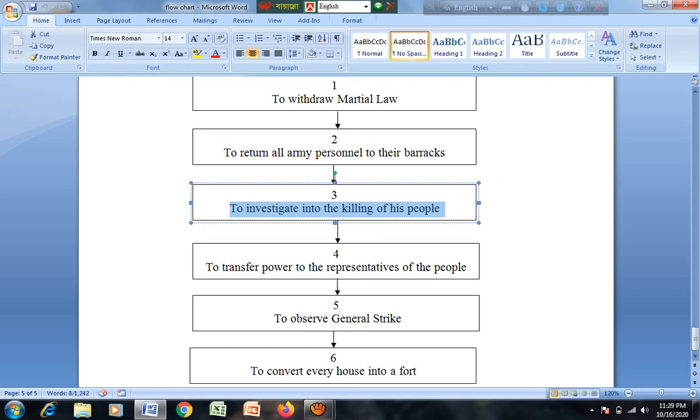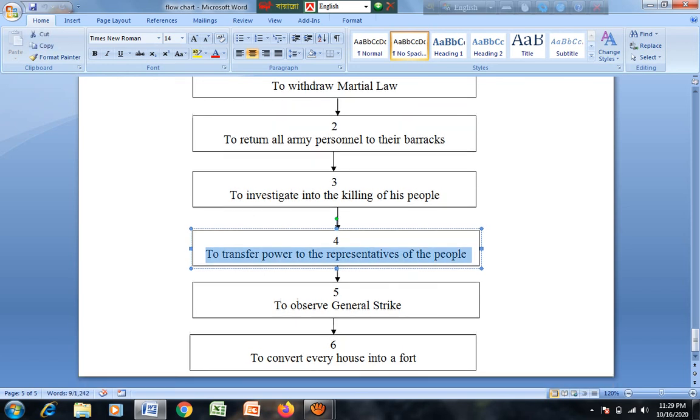And if we move to box 4, the answer will be to transfer power to the representatives of the people. Bangabandhu raised his demand to the authority that they should transfer power to the representatives who were elected by the people as their leaders. Then another point is there, to observe general strike. This was a directive to his countrymen.